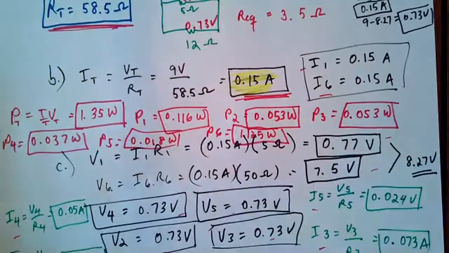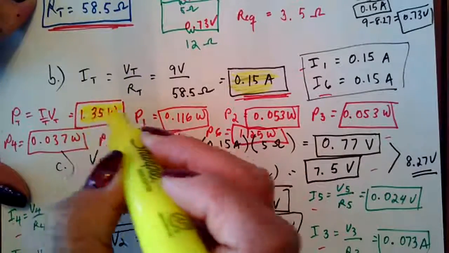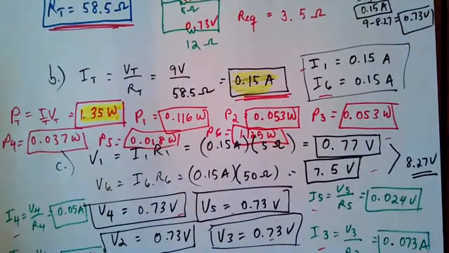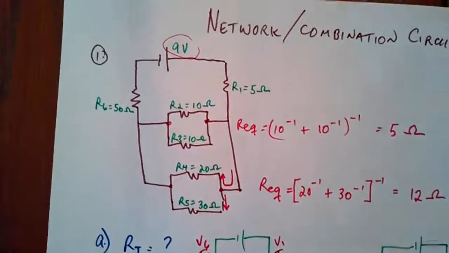If you add up all the individual power in each of the resistors, you will get 1.35 watts of power, which is not very much, but then you also have a small potential difference here and a small current. So this is the circuit analysis for that circuit, which is a combination circuit.